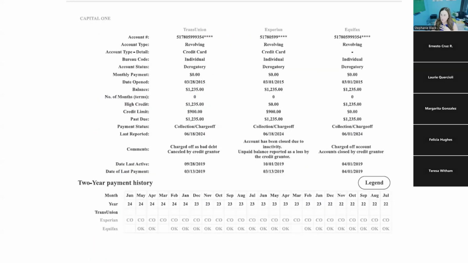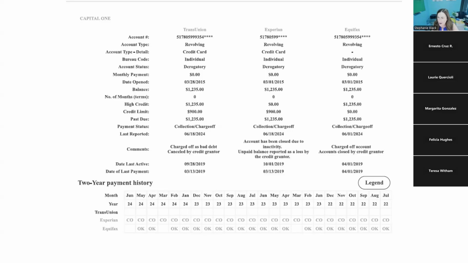Here is another type of credit report. It's from one of the monitoring companies, and this is how they report. I put this one on here because this has some things for us to review here, like date of last active and date of last payment. So these are different.